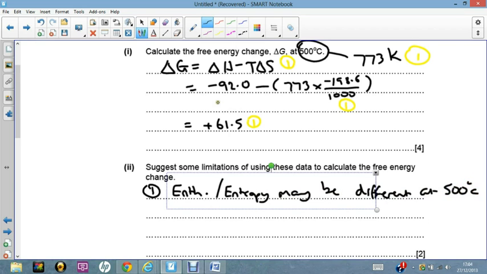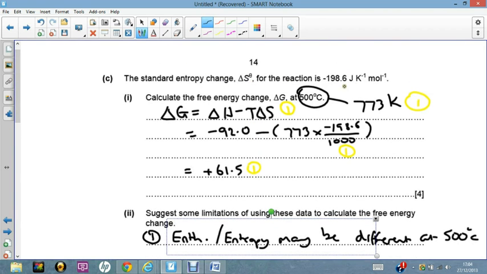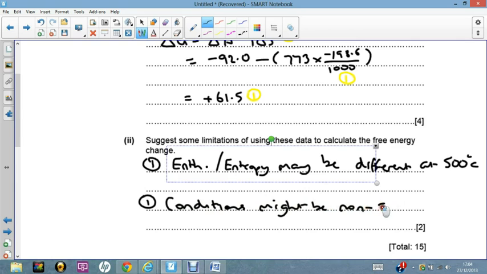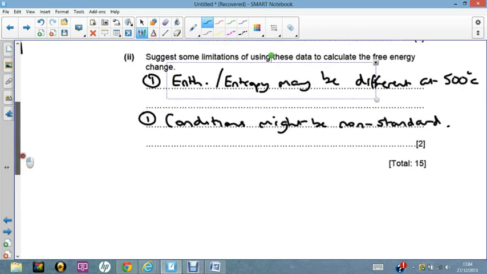You've got to remember the entropy value that you quoted here and the enthalpy value that you quoted at the start are both measured under standard conditions, so they might be different at 500 degrees. And 1 mark for saying conditions might be different. And that is the end of the test.